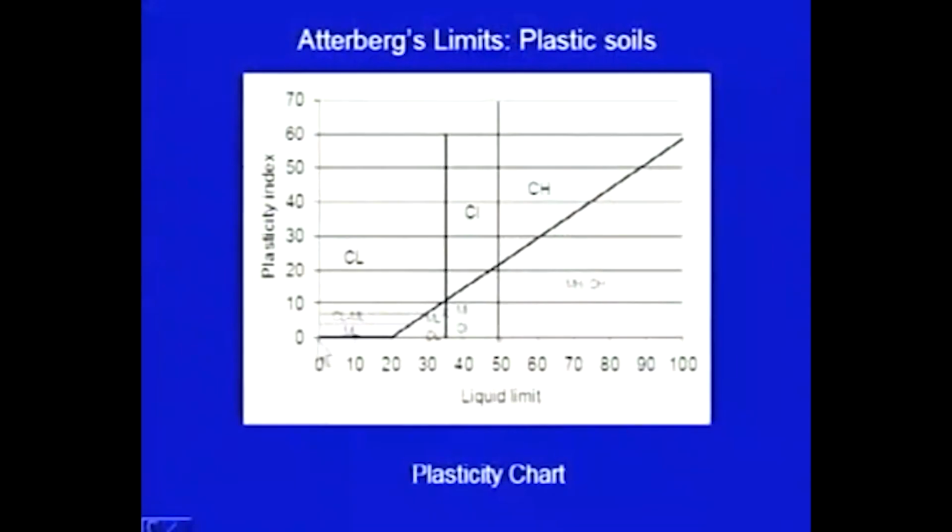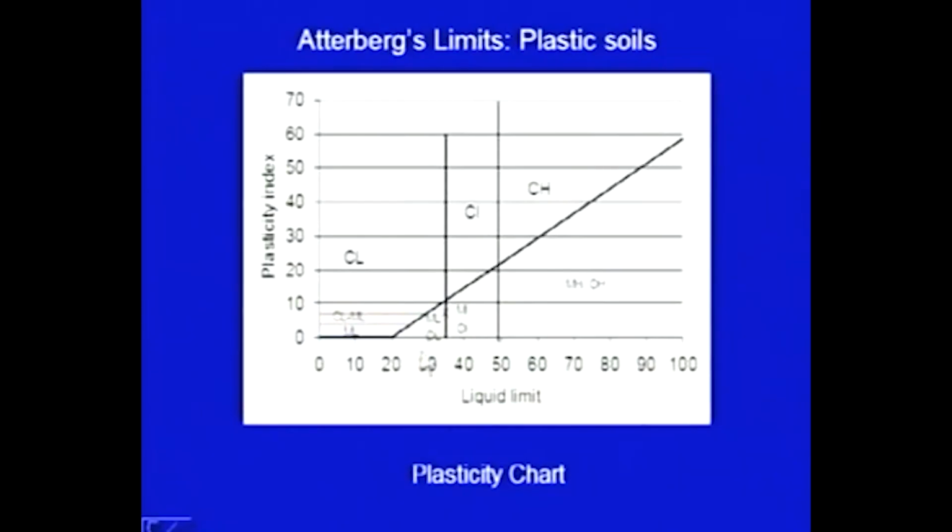For cohesive soils we have to conduct the Atterberg limit tests, liquid limit and plastic limit. Here on the x axis is the liquid limit, on the y axis it is the plasticity index. Plasticity index means liquid limit minus plastic limit, and then on this chart we plot the position of the point. Suppose the point is somewhere here, then it will be clay with low plasticity. The limits of different clays are like this.